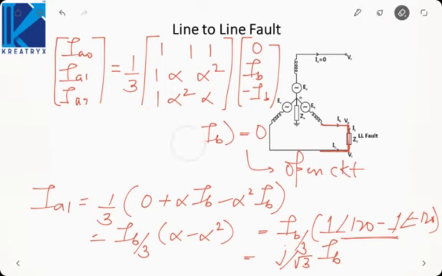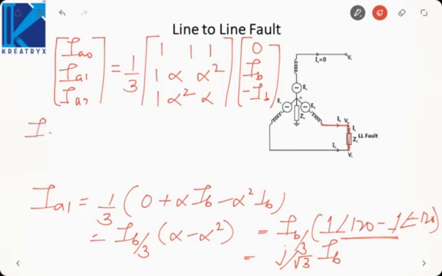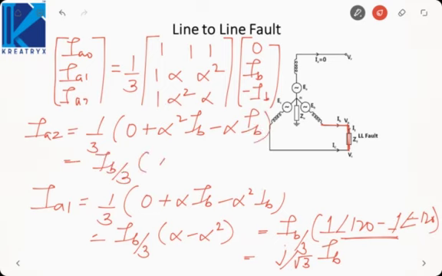Now if we calculate IA2, it will be 1 by 3 times 0 plus alpha square IB minus alpha IB, that is IB by 3 times alpha square minus alpha, which is equal to minus j by root 3 IB.